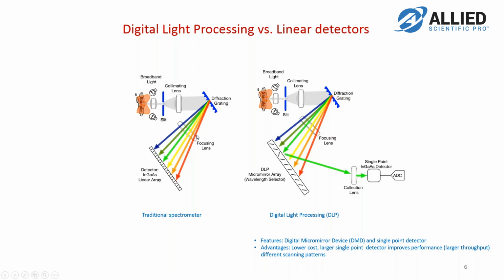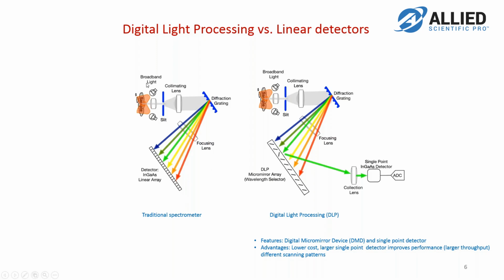Here on the left side, you see there are lamps, broadband light such as a halogen tungsten lamp, shining on the sample, and then it is collimated, and the optics project it onto a diffraction grating. The diffraction grating disperses different wavelengths, and the linear InGaAs array detects each wavelength on a different pixel. So very simple in theory.